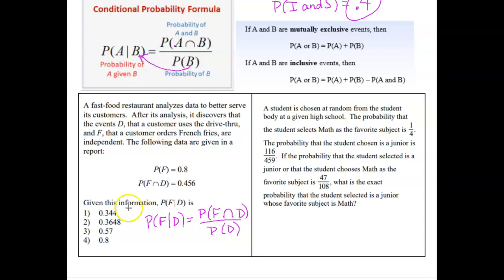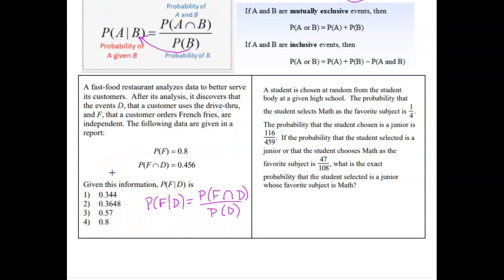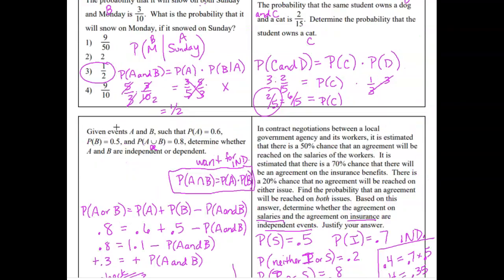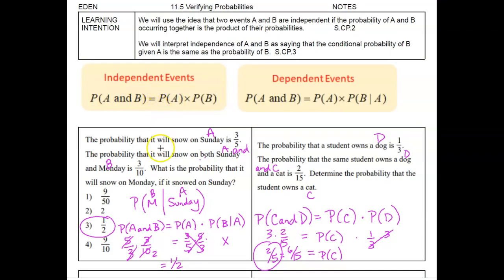Okay, so we want F given D. We know F and D is 0.456. The probability of going through the drive-thru, though, we don't know, so we need to find that information. Now, they did tell us that the events were independent, so remember, that means that this must be true.